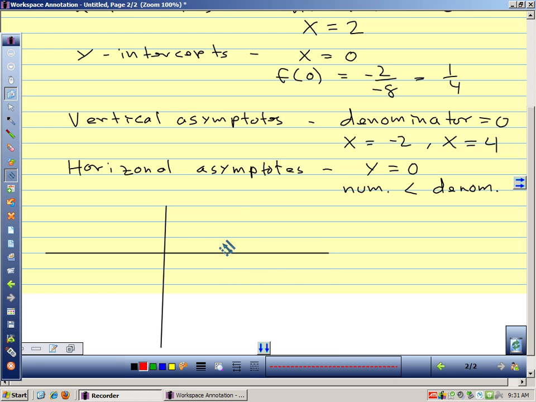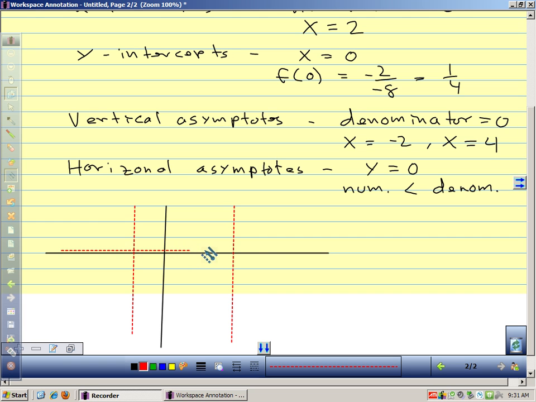We have vertical asymptotes at x equals -2 and x equals 4. I'm not going to label my points. There's x equals -2 for my vertical asymptote, and I'm going to go out here and say this is at x equals 4. And my horizontal asymptote is at y equals 0. So I'm going to sketch this kind of above the axis, and we'll say that's y equals 0.